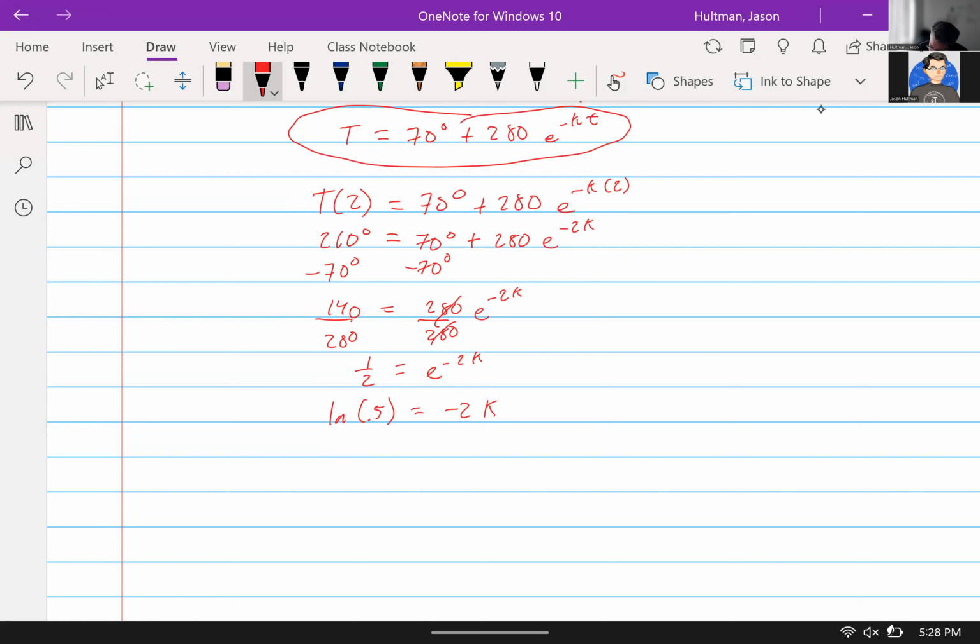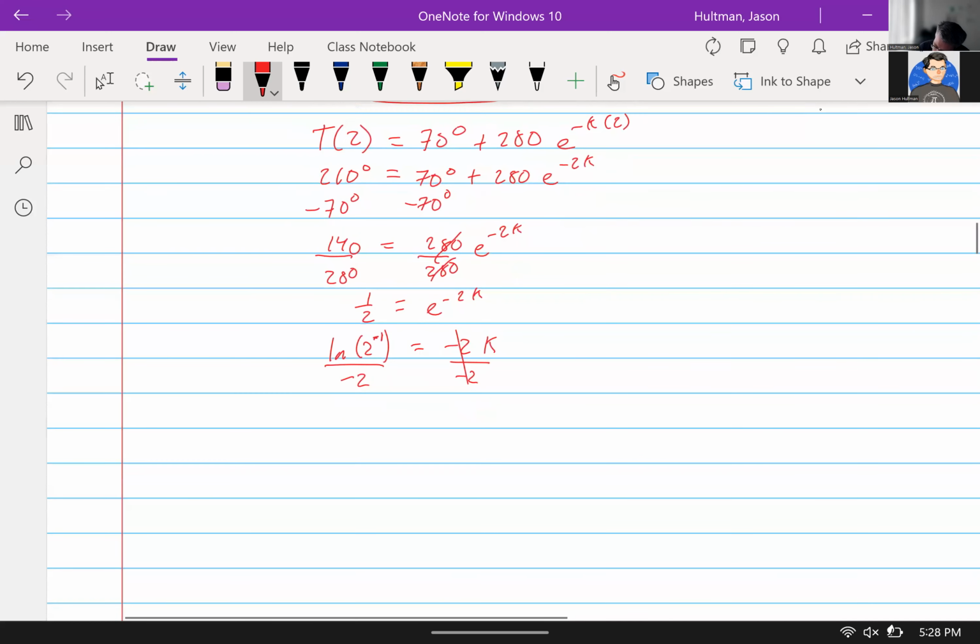Well, maybe I won't change it to 0.5. What I'm going to do is change this 1/2 to 2 to the negative first power. You'll see why in a second. I'm just setting it up because I have this negative here, and if I divide by that negative 2, I get the natural log of 2 to the negative first power divided by negative 2, or multiplied by negative 1/2.